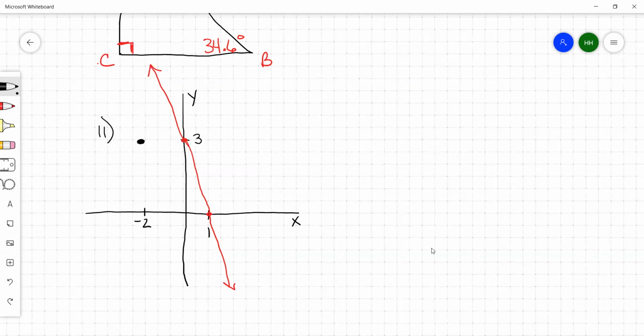Write an equation for the line parallel. We're going to do it in point slope, and then we're going to do it in slope intercept. So look, we got a point right here. This is at negative 2, 3. What is the slope of this first line? How many does it rise here?